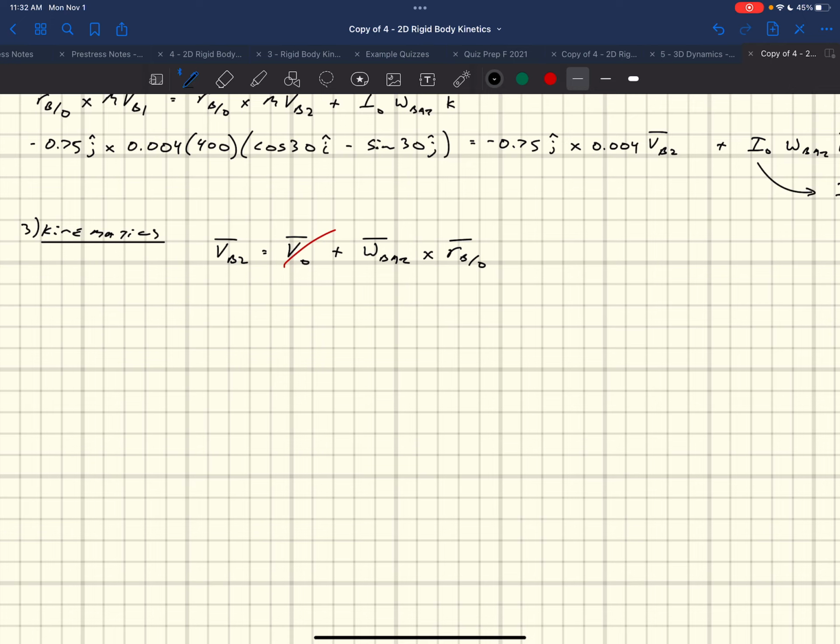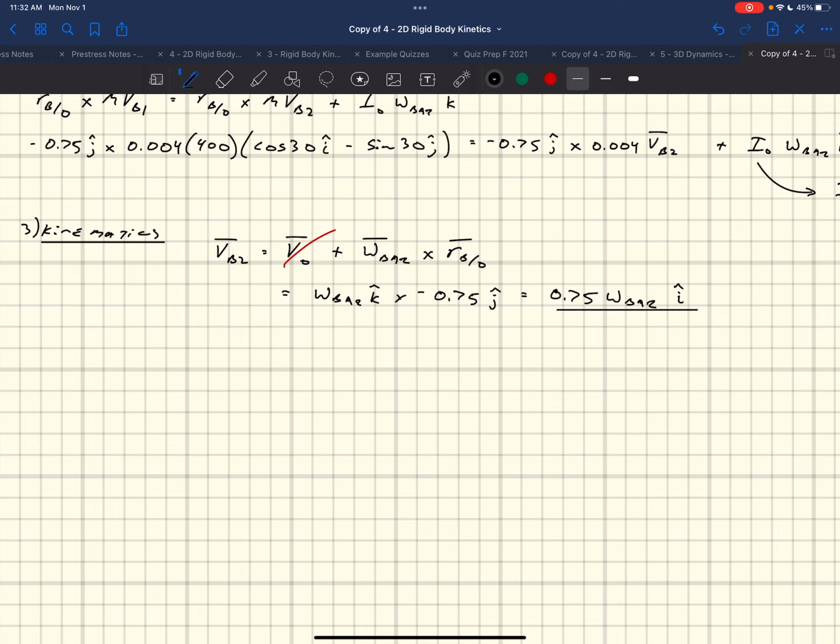And this is just omega bar in the K direction, and I cross that with negative 0.75 in the J direction, and then what I get is 0.75 omega bar in the I direction. All right.